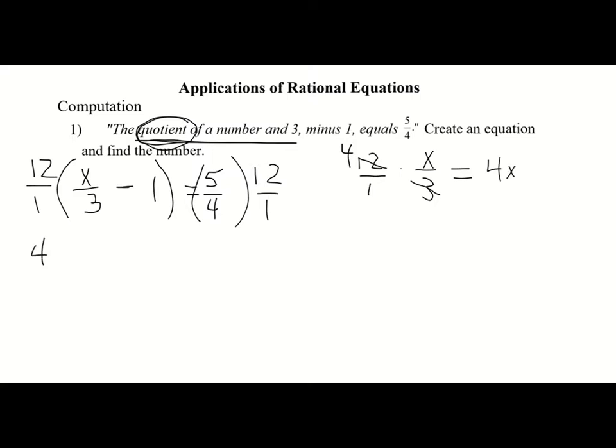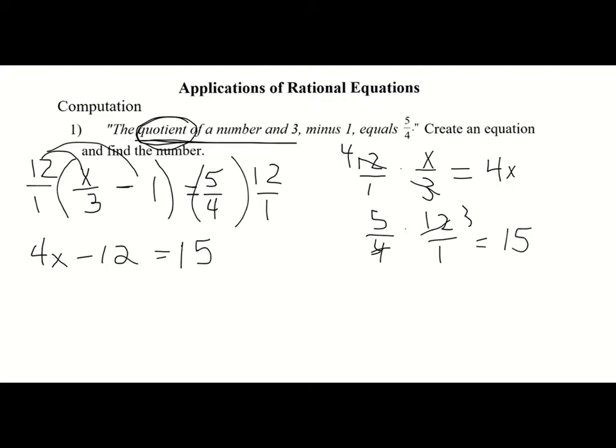So I have 4x, and then 12 times negative 1 is minus 12, equals, and then we have 5/4 times 12 over 1. 4 goes into 12 3 times. 5 times 3 is 15. So we have our equation 4x minus 12 equals 15.